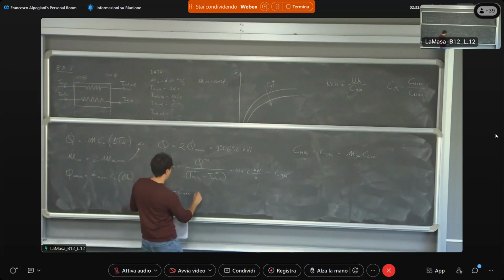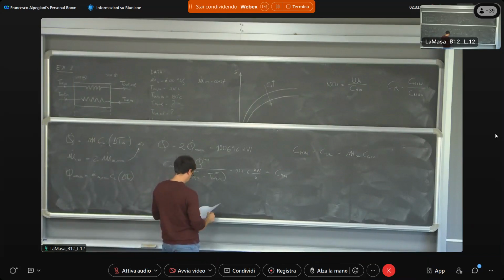How we can evaluate it is just the mass flow rate of the water times Cp of the water.